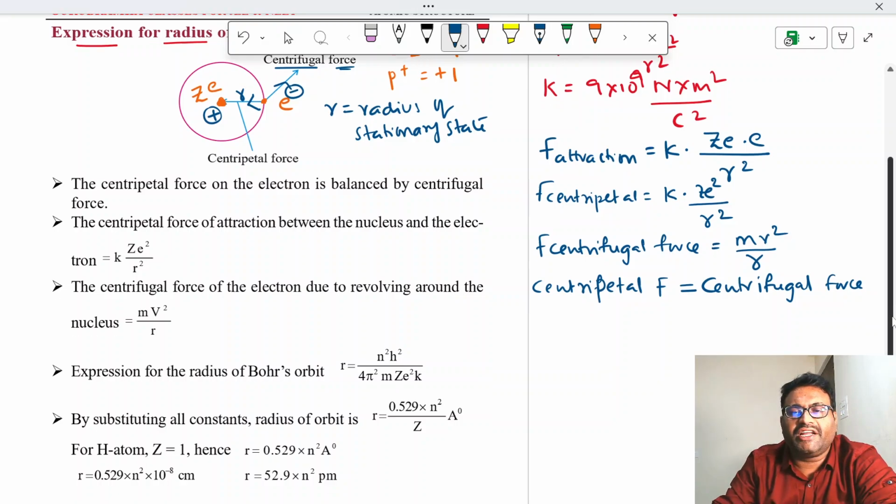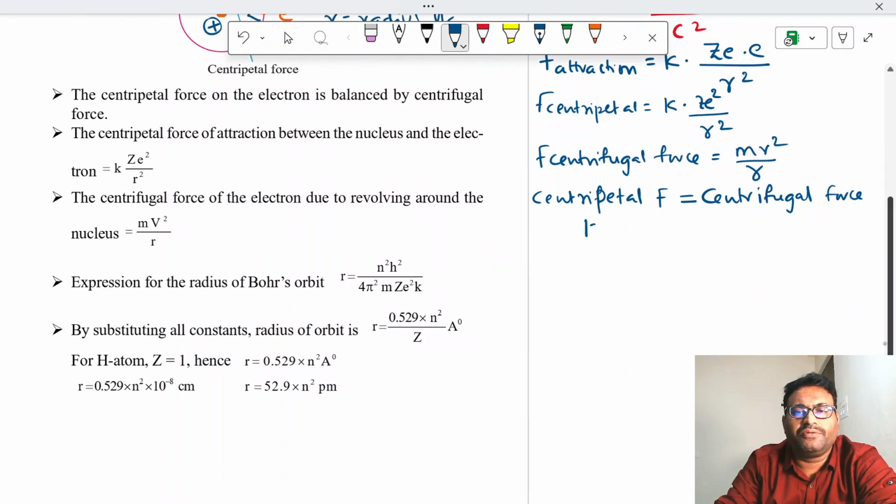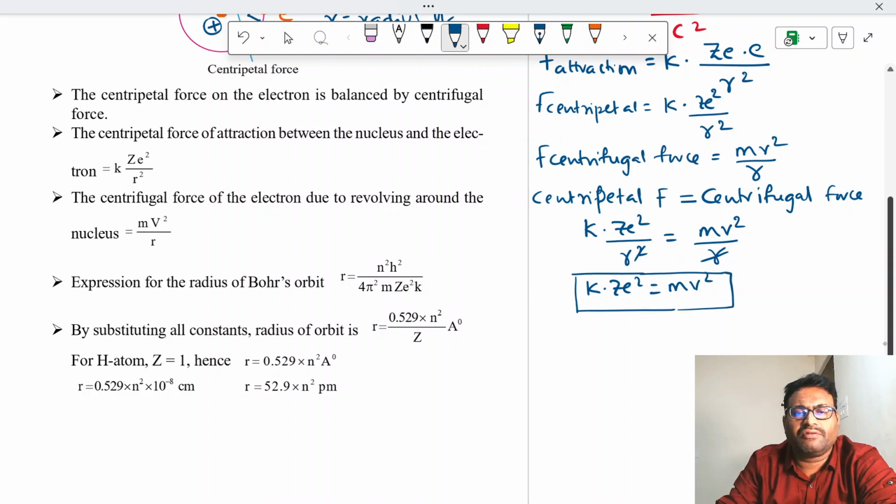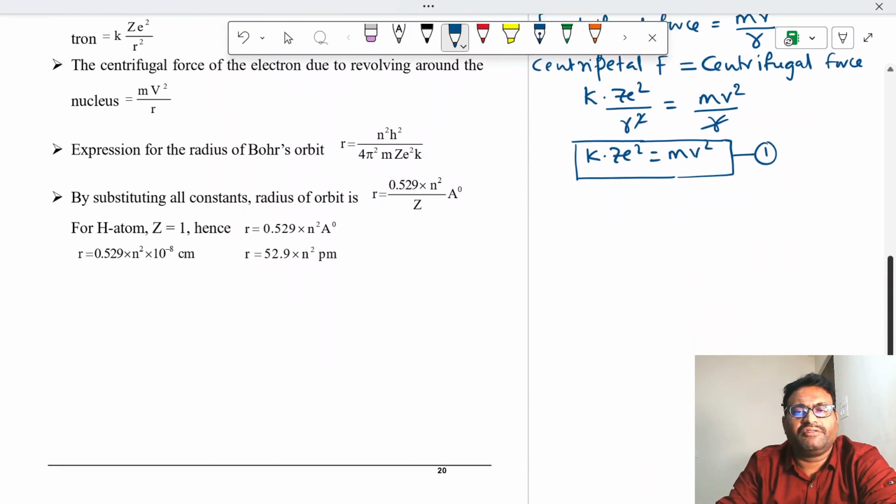So from this, I can write K into Z square by R square is equal to mv square by R. R cancels. Then what do I get? You have to remember this: K into Z square is equal to mv square. Let it be equation 1.